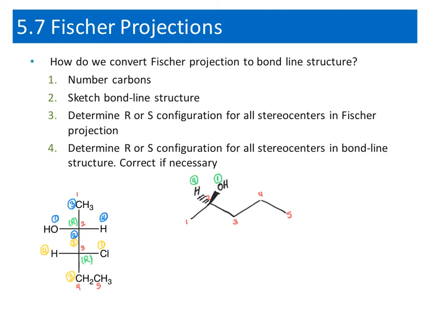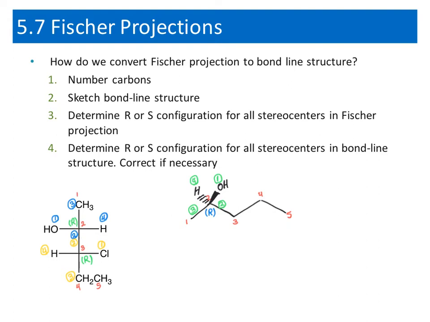Hydrogen is 4. Carbon chain is number 2 and methyl is number 3. So let's count: 1, 2, 3. So I am rotating clockwise and the lowest priority is in the back. So the configuration here is R, which matches the configuration that we figured out in the Fischer projection.